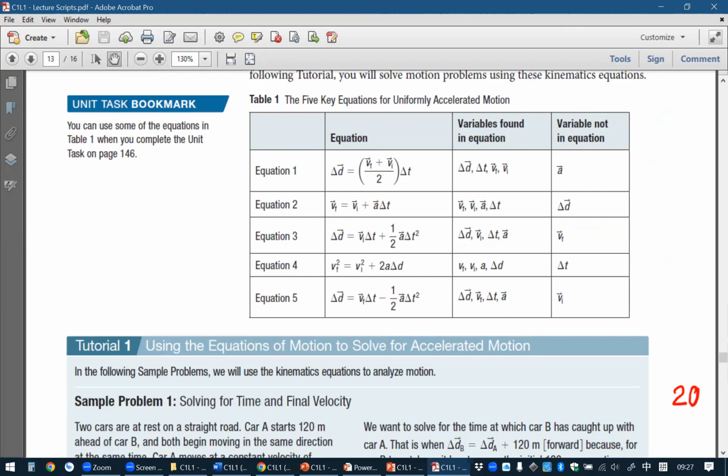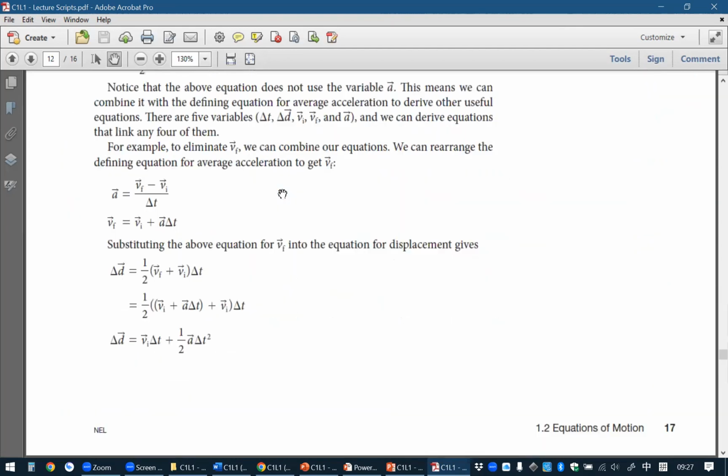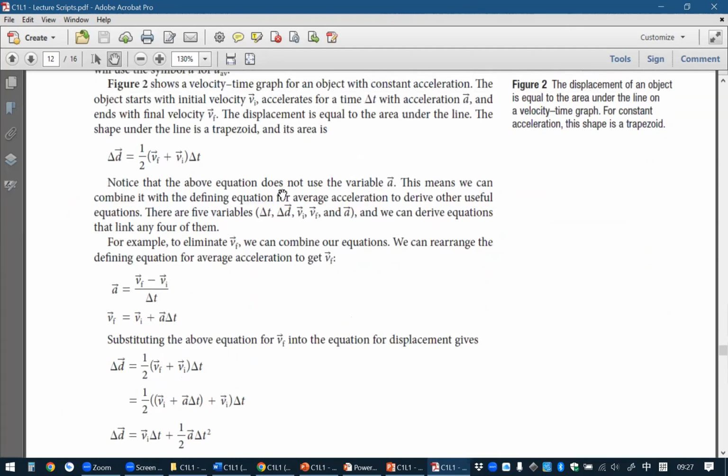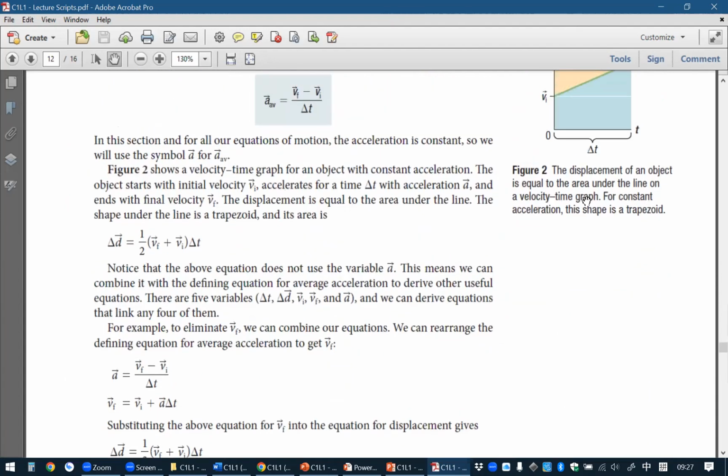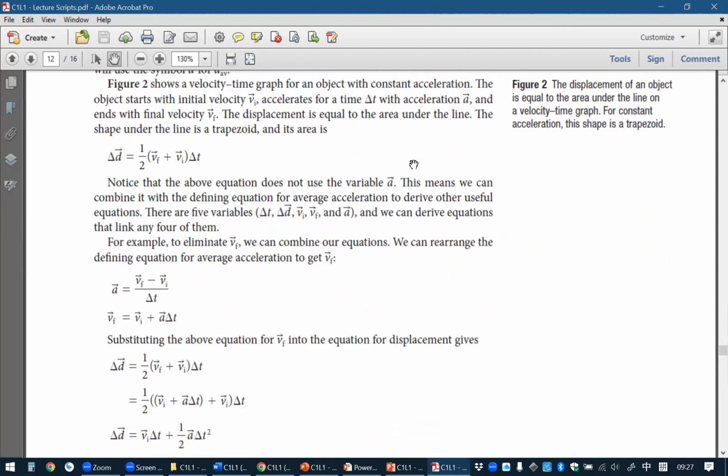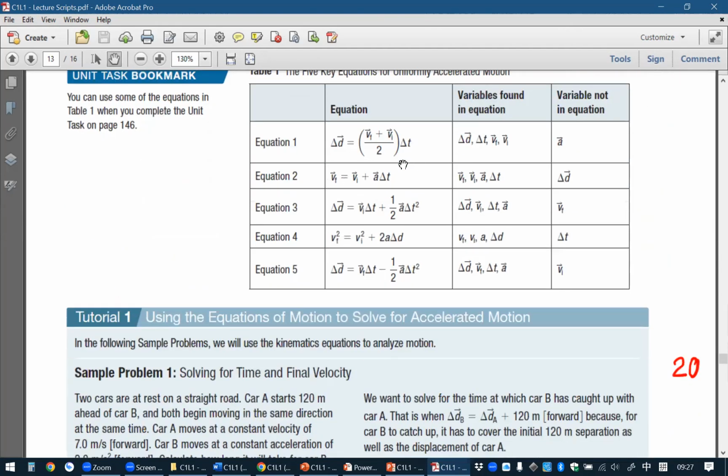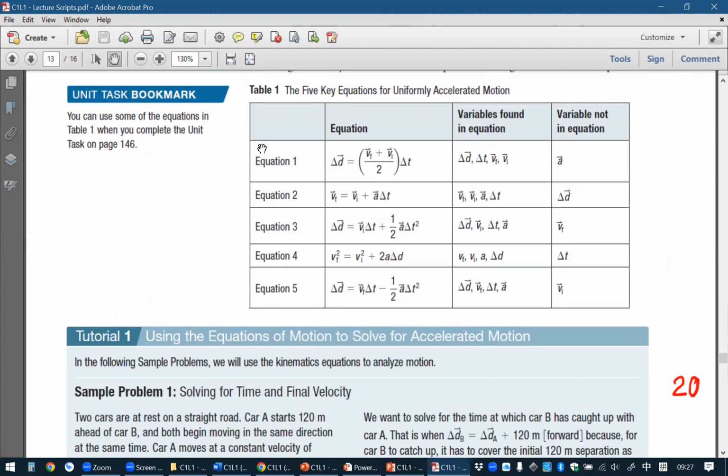So you should be able to derive them from the definition of average acceleration and the motion graphs, okay? And then I'll show you some concrete examples to illustrate how we can use these equations to solve problems. Okay, I'll give you 5 minutes to have a look at them.